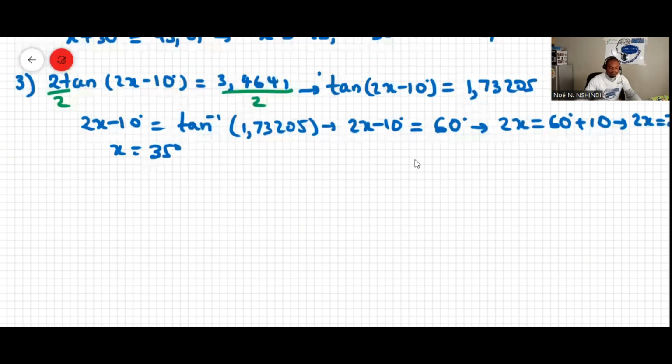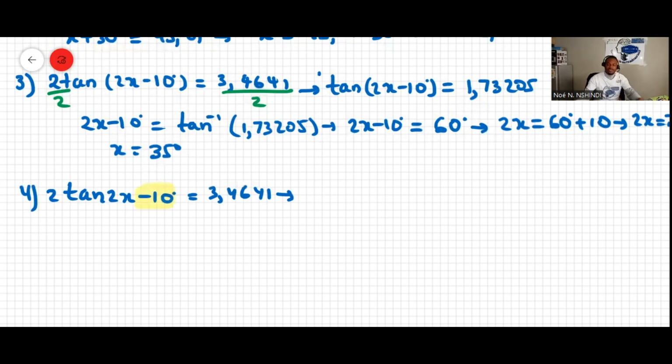Question 4. We have 2 tan of 2x minus 10 degrees equal to 3.4641. So in this case, unlike the previous one, negative 10 degrees here is not an angle within this function or this ratio tan of 2x.